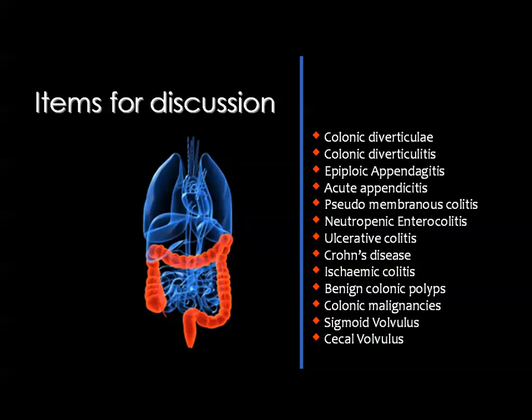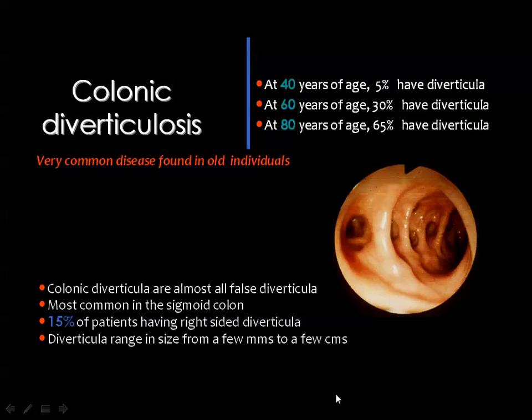We have a lot of lesions in the colon, starting as usual with diverticular disease, followed by inflammation of the diverticuli, colonic diverticulitis, then epiploic appendicitis, acute appendicitis, pseudomembranous colitis, neutropenic enterocolitis, ulcerative colitis, Crohn's disease, ischemic colitis, then the neoplastic lesions, starting with the benign polyps, then colonic malignancies, and finally we will end with the sigmoid and the cecal volvulus.